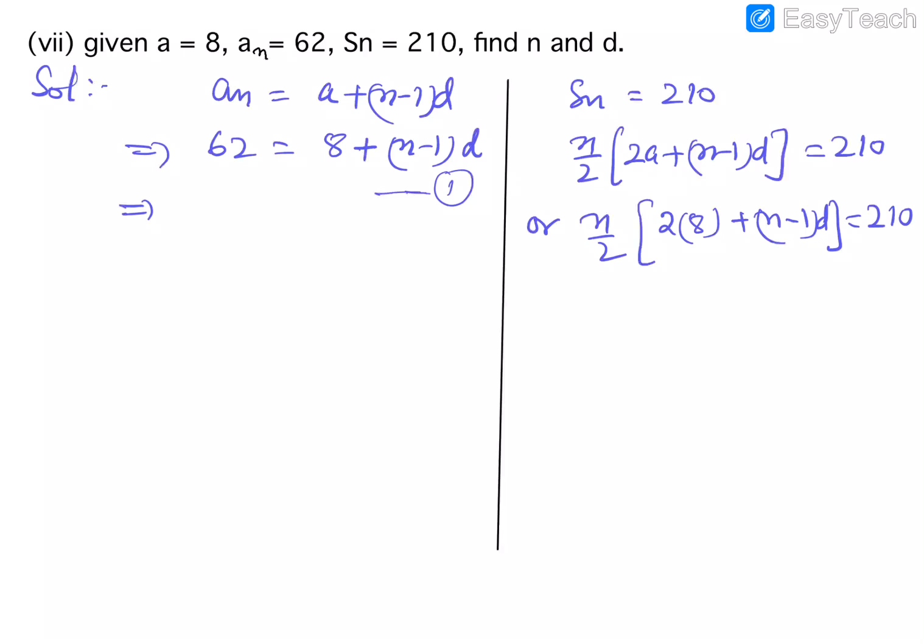From equation 1, if we multiply both sides by 2, 62 minus 8 gives the value of n minus 1 into d, which is 54. This is the value of n minus 1 into d, which can be used here.